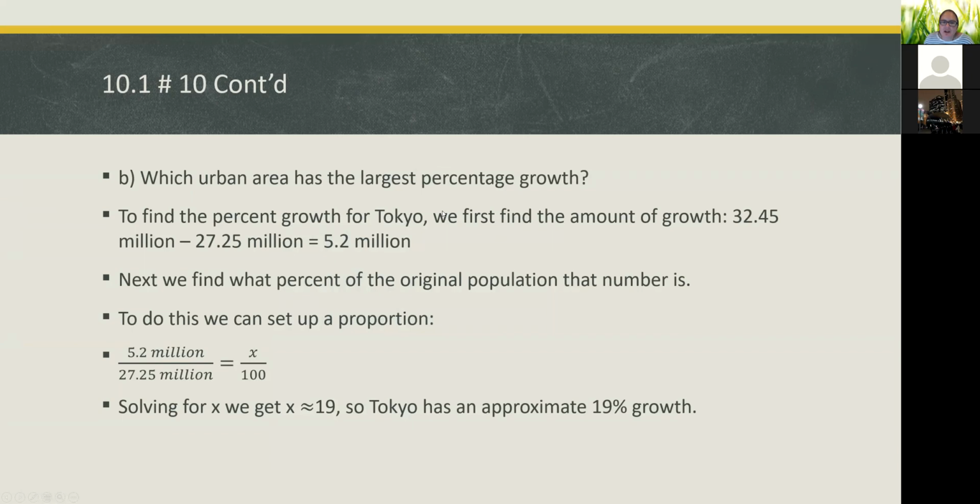And then next, we figure out what percent of the original population that number is. Right? We can set up a proportion. We put the 5.2 million on top and the earlier population value on the bottom. And when we solve, we'll get 19. So that tells me that Tokyo had an approximate 19% growth.